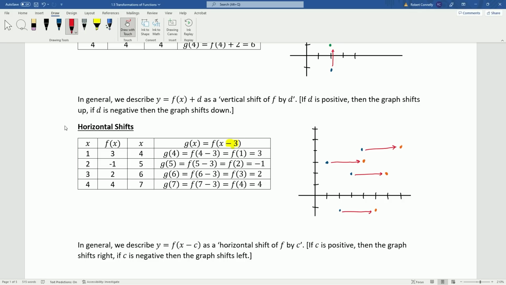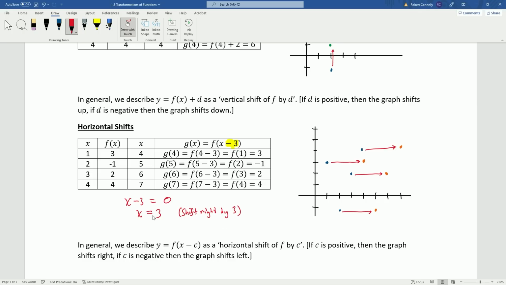Now, in general, my recommendation for solving horizontal shifts is to take whatever your input for your function is, set it equal to 0, and solve it. So this would be a shift right by 3.